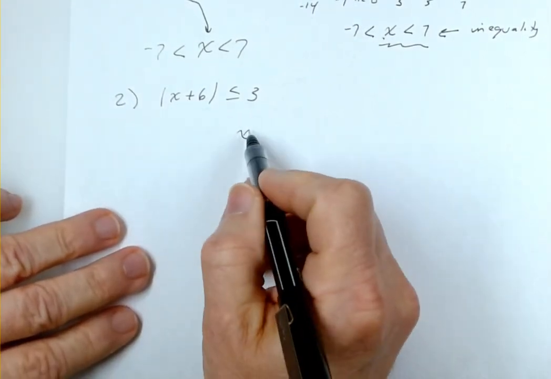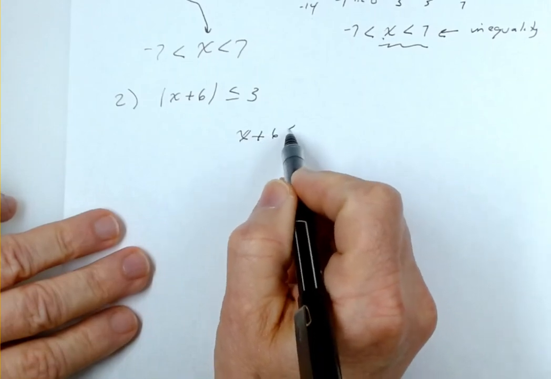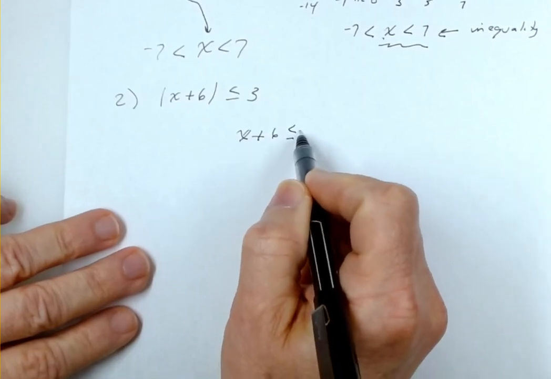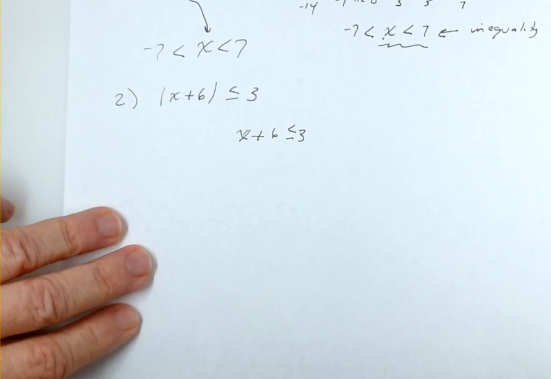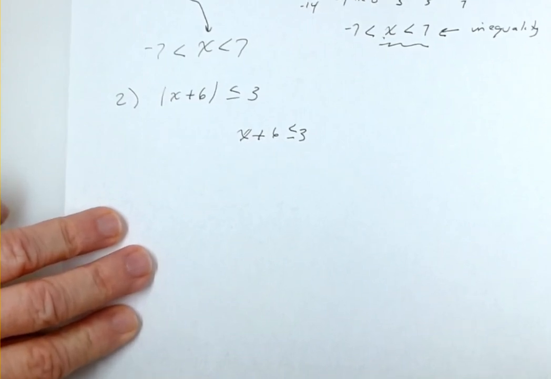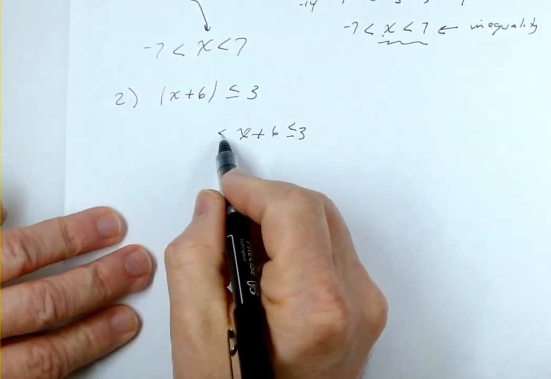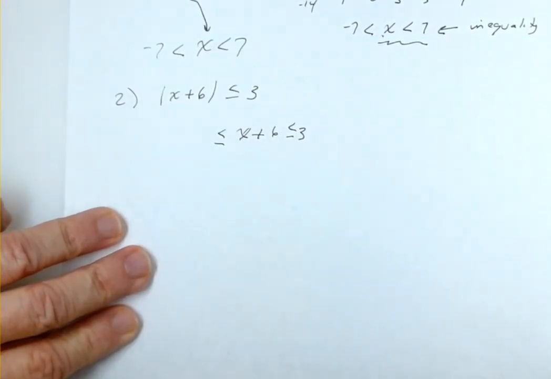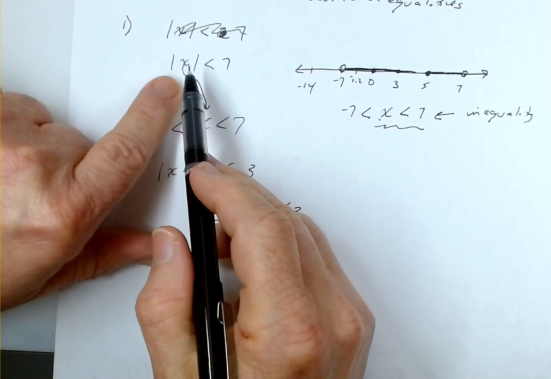No, the x plus 6 less than or equal to 3. And at the same time, x plus 6 has to be what? Greater than or equal to a what? Nope, nope, nope. Okay, let's do this again.